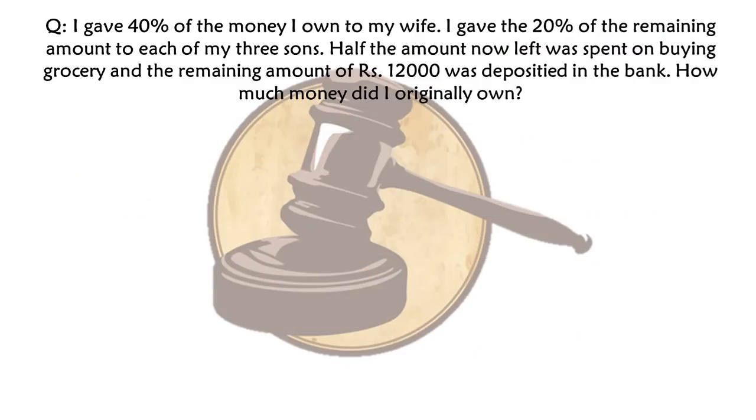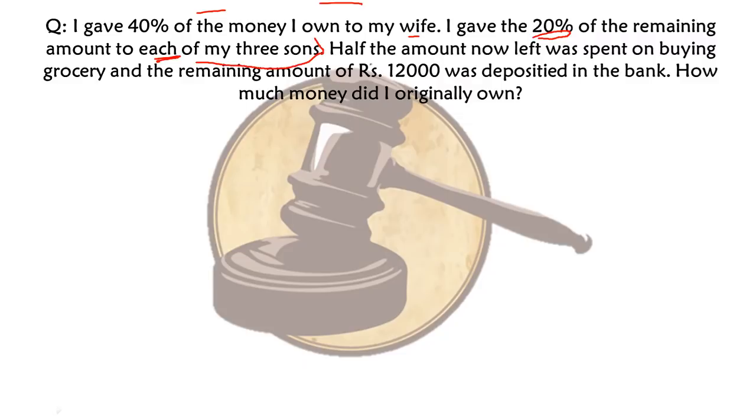Okay, next question. I give 40% of the money I own to my wife. So let's say I had a certain sum of money. I give 40% of it to my wife. Then I give 20% of the remaining money, that means after giving to my wife, each to three of my sons.